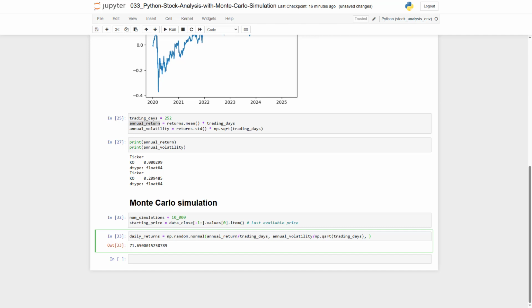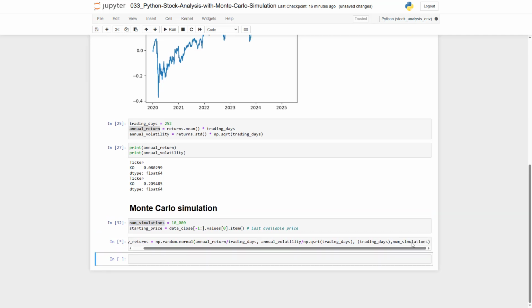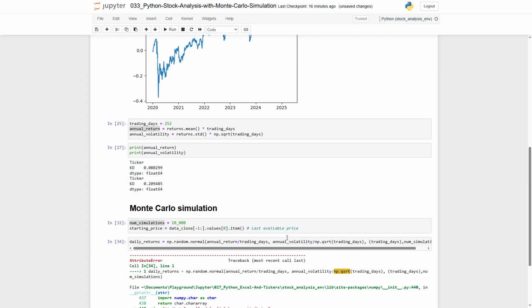And we have a comma here. And we'll have trading days and number of simulations. I'm looking for this one. And of course, it doesn't work well every day.